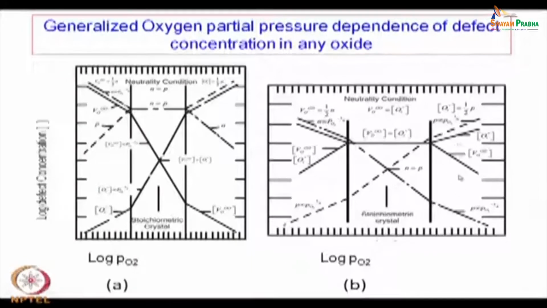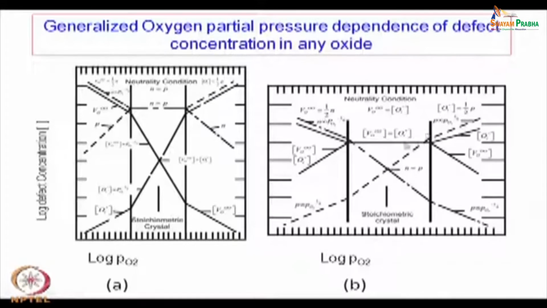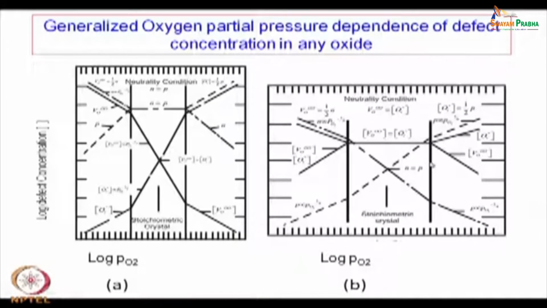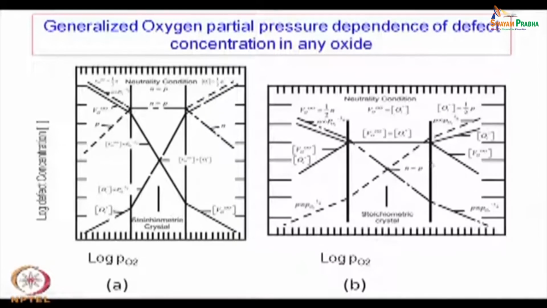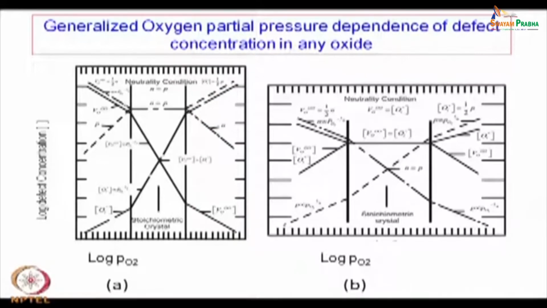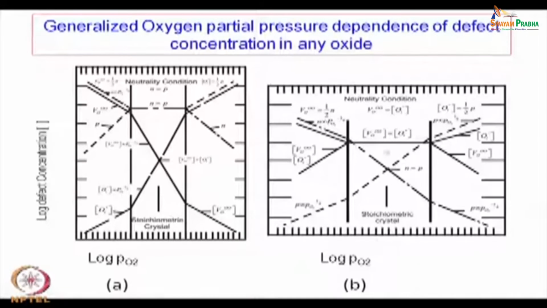Depending on that, an oxide will be predominantly an ionic conductor or predominantly an electronic conductor. So, this is the importance of this diagram, and on this diagram we have to place the atmospheric condition with respect to that particular oxide.